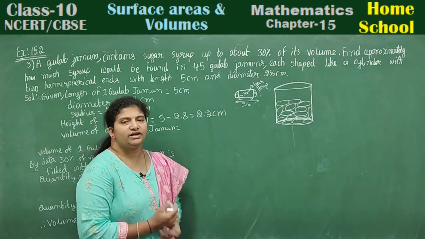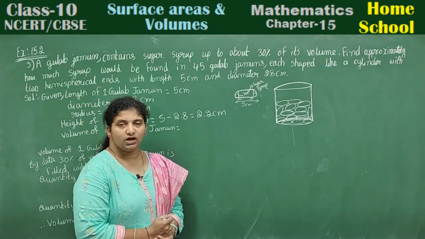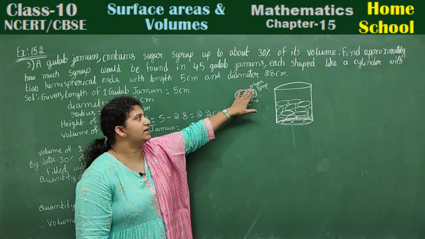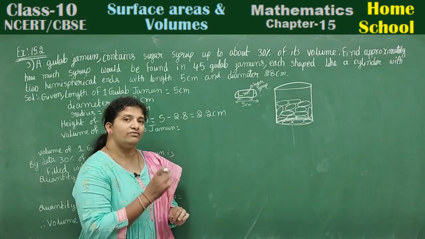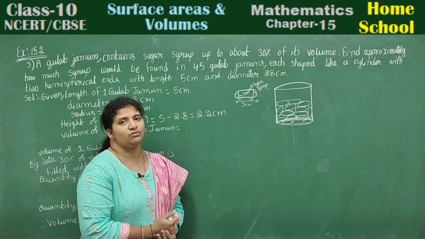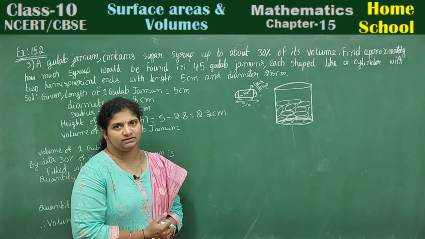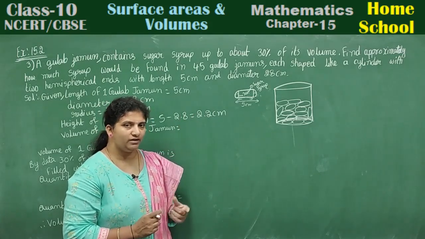How are we going to complete this problem, children? We are going to take only one jamun first. We are going to find the total volume: cylinder volume plus two hemispheres. After getting one gulab jamun volume, consider 30% of it. 30% of that jamun is sugar syrup, right?